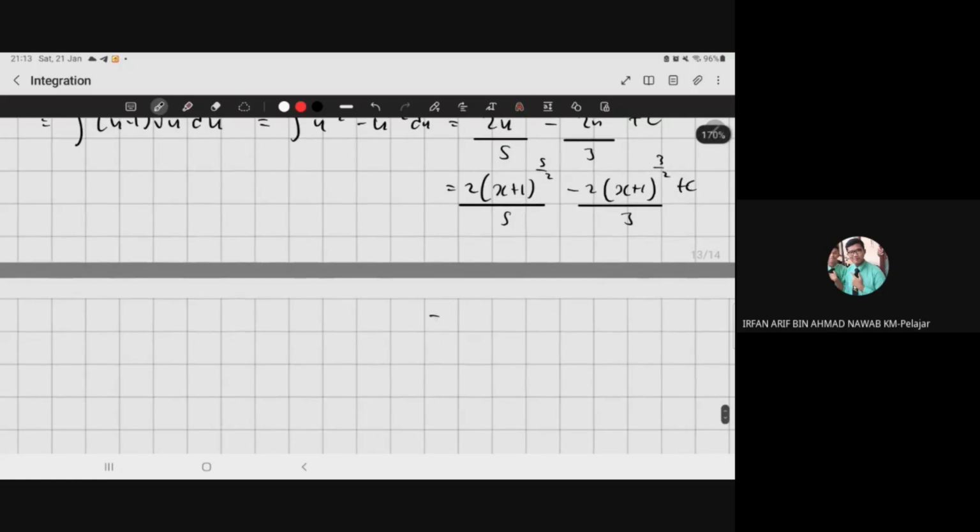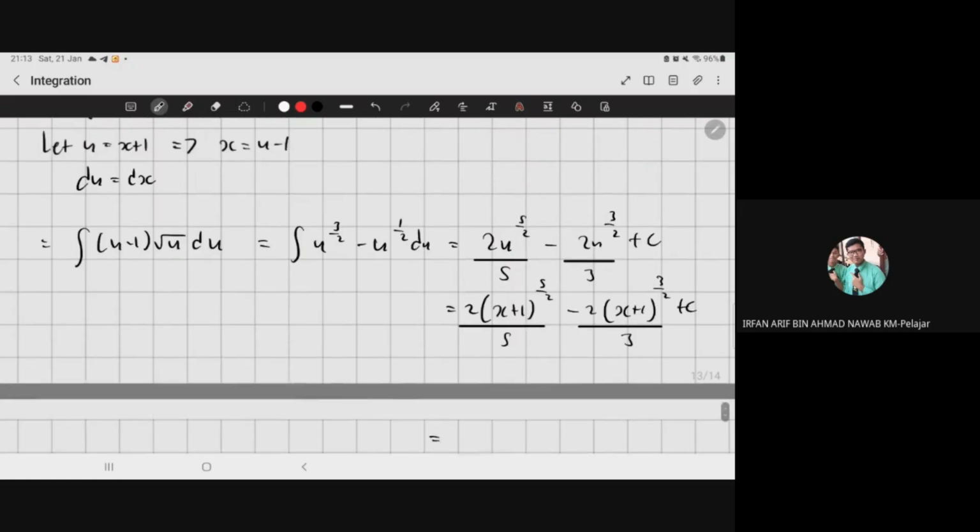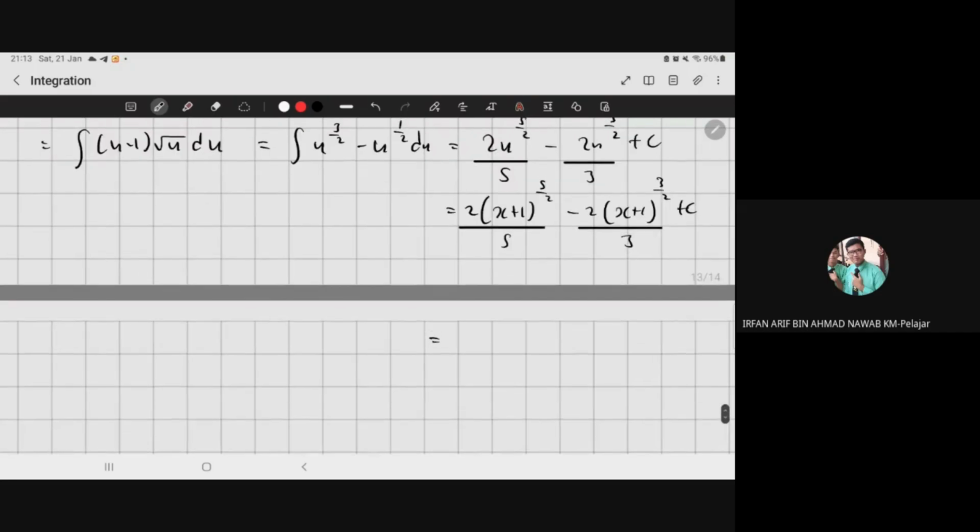Now from here, factorize the common term, which is x plus 1 to the power of 3 over 2. You will get x plus 1 to the power of 3 over 2, then 2x plus 1 divided by 5 minus 2 over 3 plus c.